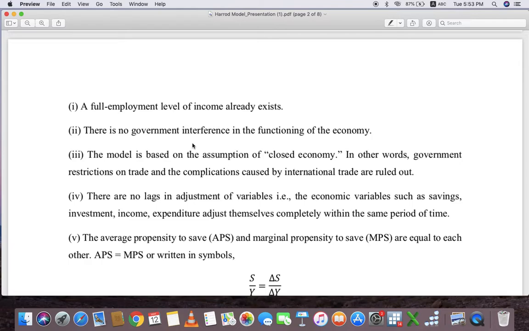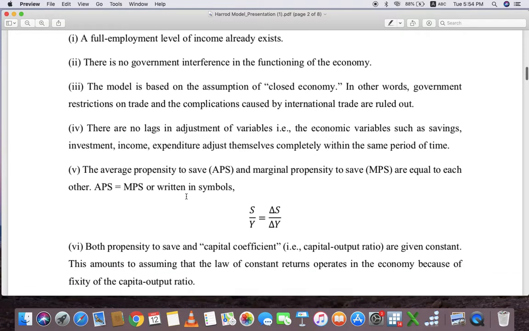The economy is a closed economy, that is, there is no international trade, no export, import, etc. And there are no lags in the adjustment of the basic variables, that is, savings, investment, income, expenditure, all these variables adjust themselves within the same period of time. They do not take any time to adjust themselves.